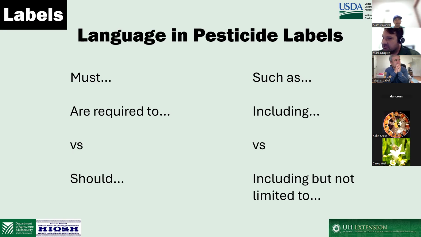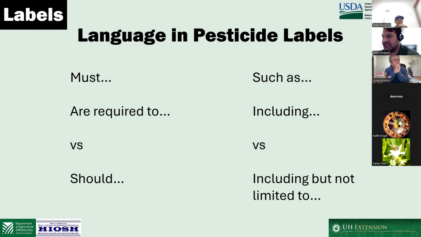There's some gray area in interpretation, which is not super awesome. It depends on who you talk to and what perspective the enforcer, the inspector, has on this. Language such as "such as" or "including," some people interpret as a finite list.